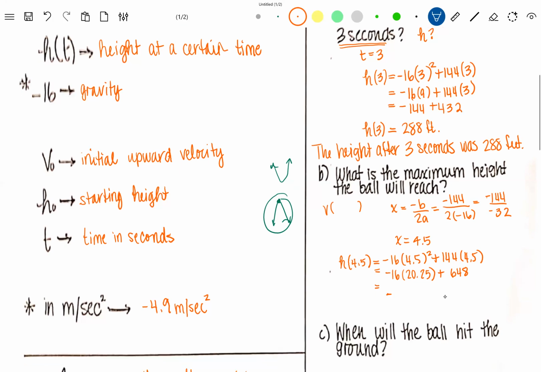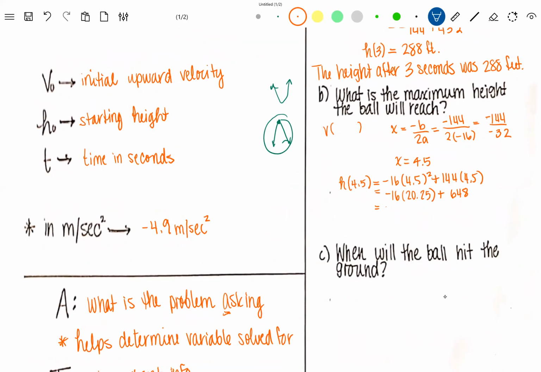So this is negative 324 plus 648. So the height after 4.5 seconds is 324 feet.